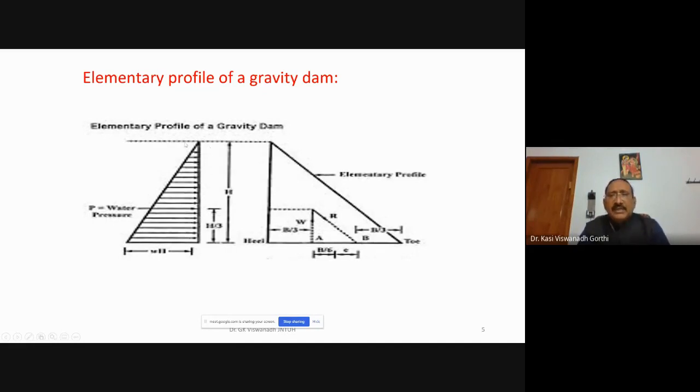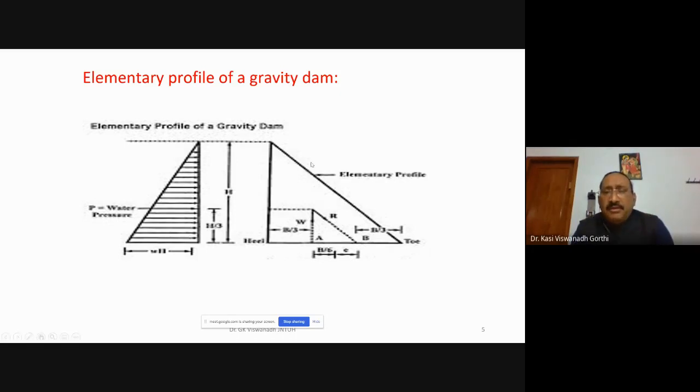At the free surface, since there is no pressure, the width of the section is 0. As the depth increases, the pressure intensity increases, and correspondingly the width of the elementary profile also increases. Where you have the maximum pressure intensity, at the bottom, you have the maximum base width. This is the simple section, the elementary profile of a gravity dam.